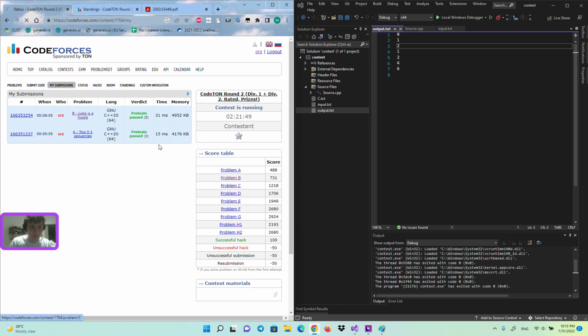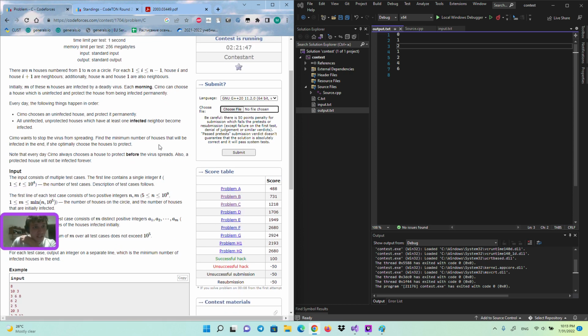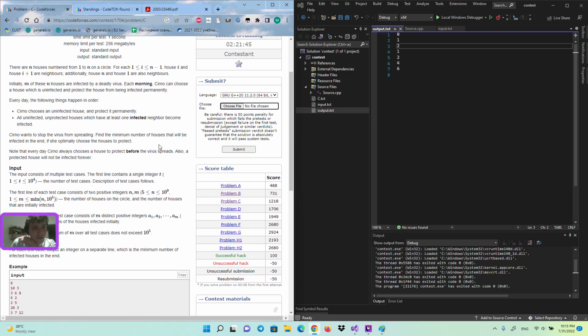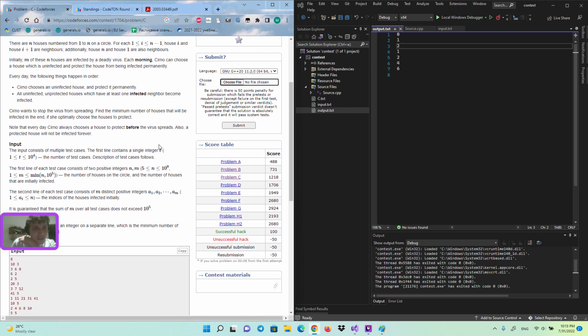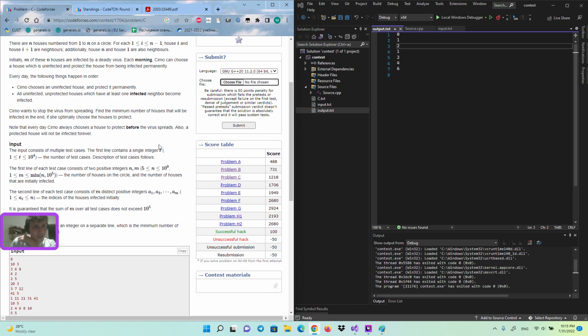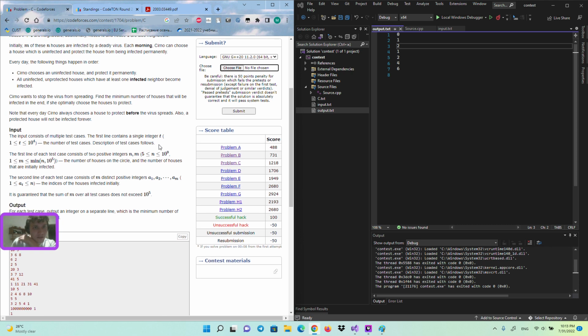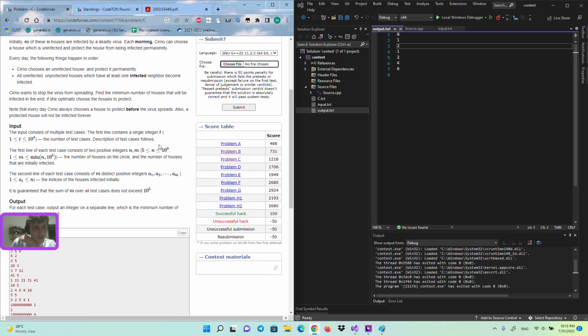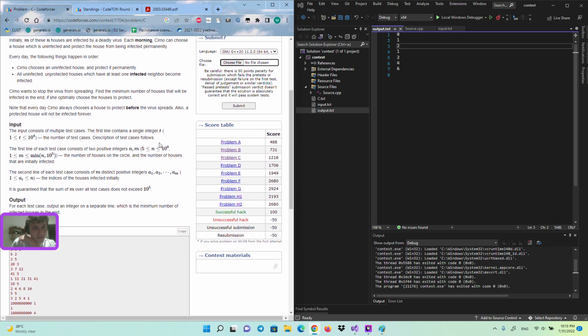Okay, problem C. There are n houses numbered from 1 to n on a circle. Houses i and i plus 1 are neighbors, n and 1 also neighbors. M are infected by a virus. Each morning, Serna can choose a house and protect it permanently.